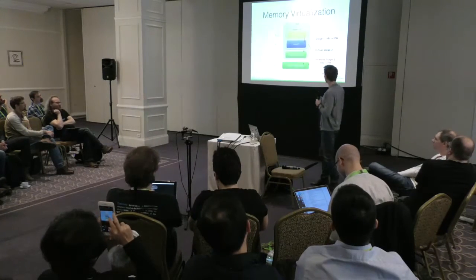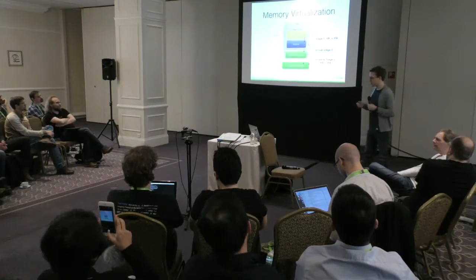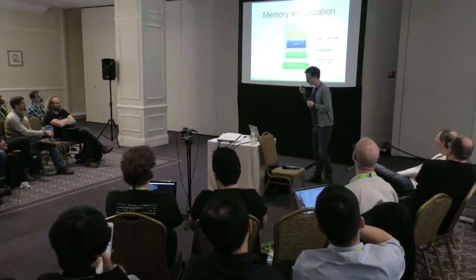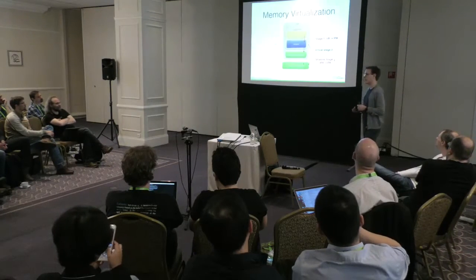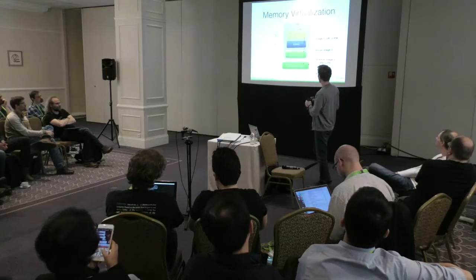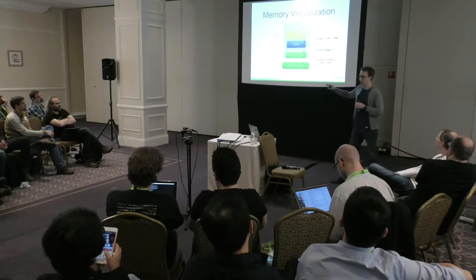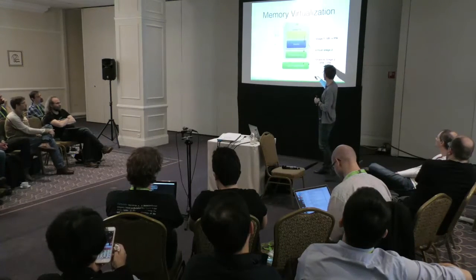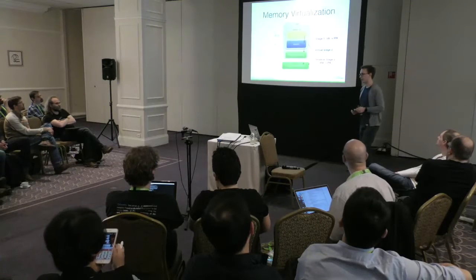The shadow stage 2 page tables are the ones that you actually give to the hardware, used by the MMU. And they're built and constructed by the host hypervisor. What they do is combine those 2 stages of translation here and here into one page table.